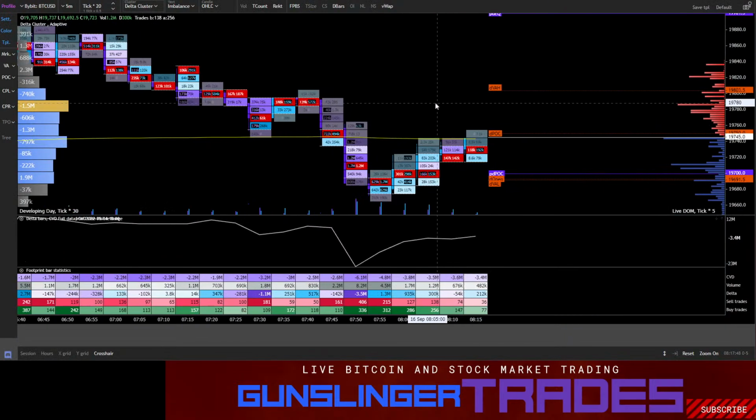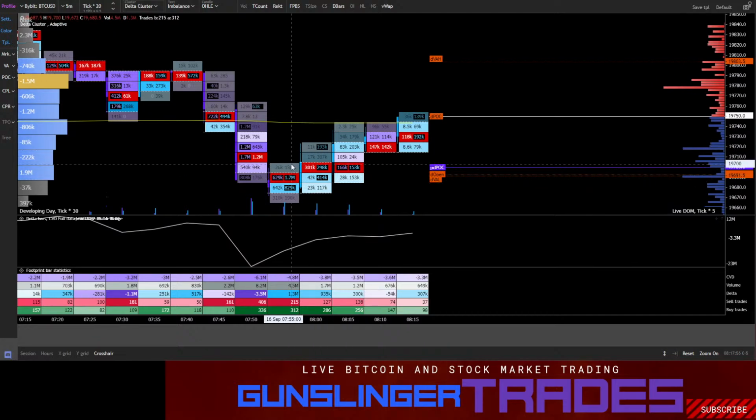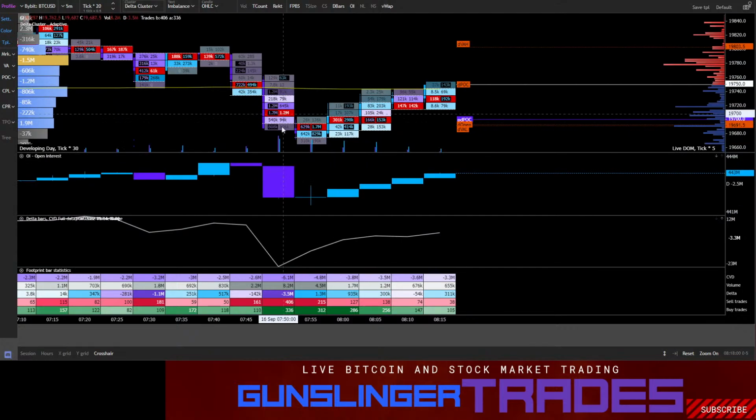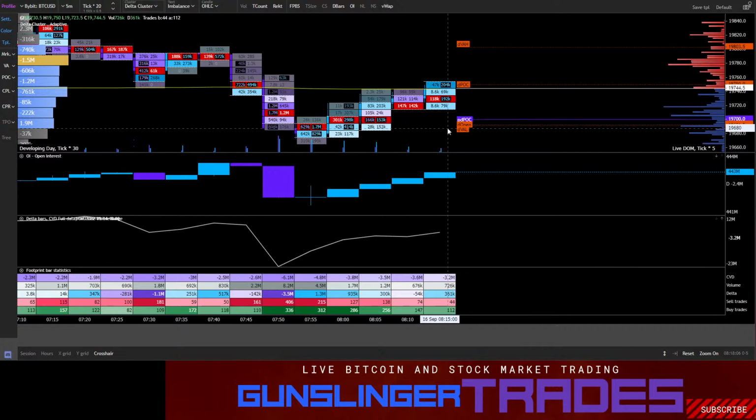So right now, just looking at the order flow locally on the Bitcoin chart on the 5-minute. Here we can see a good amount of stacked imbalances happening, opening up open interest. Here you can see a large amount of people trying to close their trades. That is very good to see at a support.